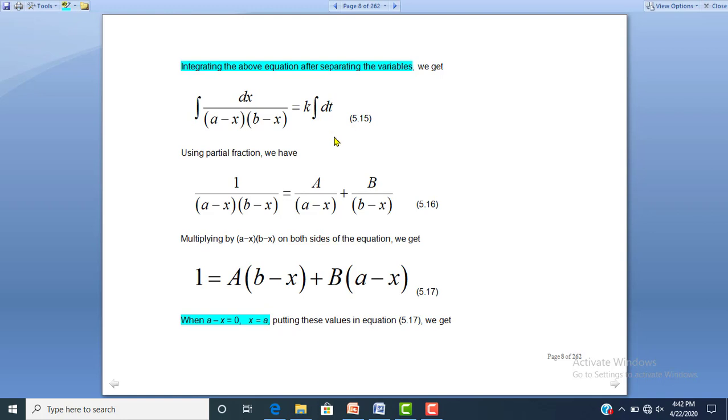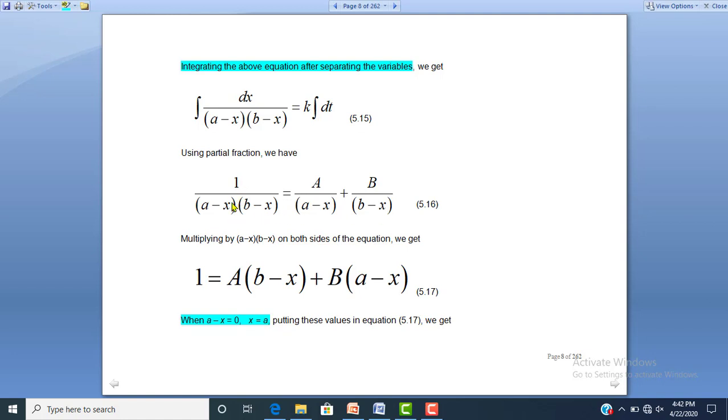Now we will use the partial fraction method to solve the equation 5.15. When we applied the partial fraction method, then 1 over (a minus x) into (b minus x) is equal to A over (a minus x) plus B over (b minus x).